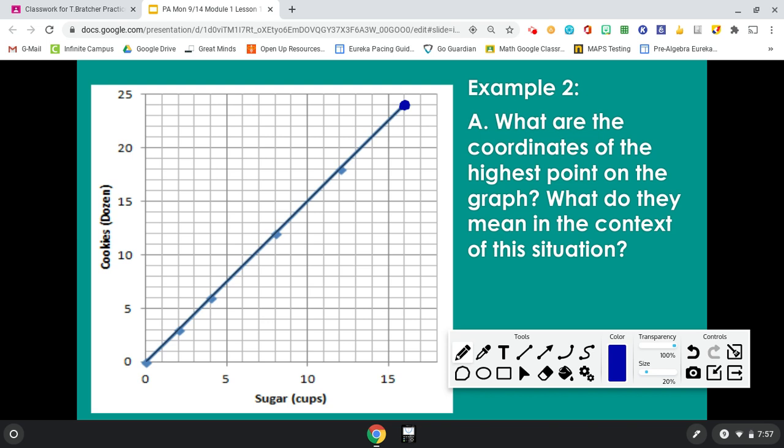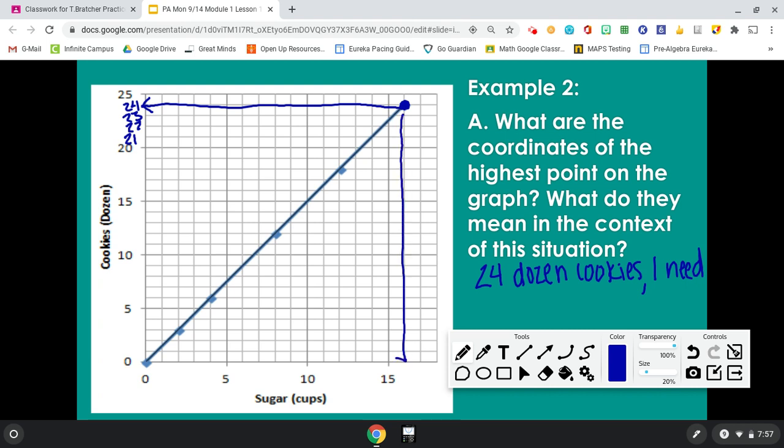So let's read it. It's basically saying if you go over here to my y value, and these go up by 1, so 21, 22, 23, 24. For 24, and this is dozen cookies, so for 24 dozen cookies, I need, and then again, if you want to draw your line down, that would be going up by 1, so 16.